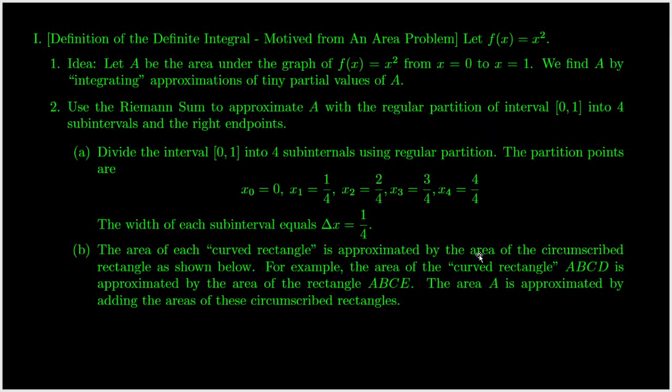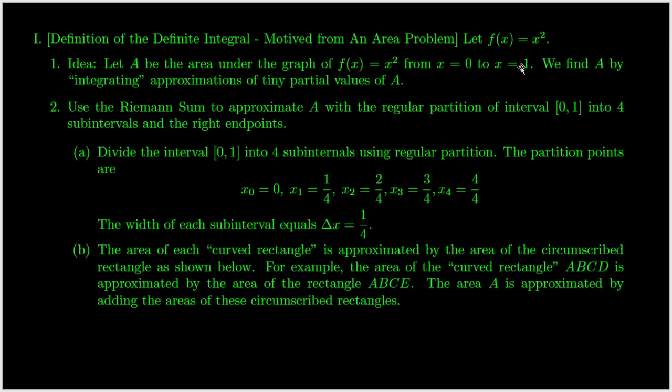I'm going to use that area problem to motivate the concept of the definite integral. We're going to actually compute the area under a parabola. The graph of the function is x squared from 0 to 1.